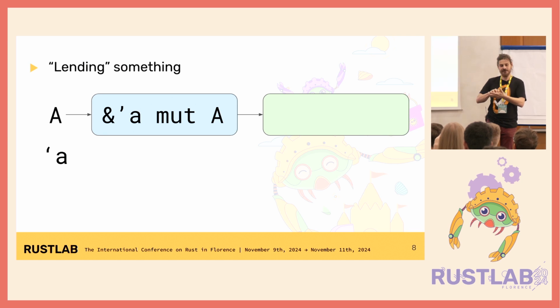And this green rectangle must contain a reference to A, but it's given from the blue rectangle. And we are not consuming the blue rectangle.